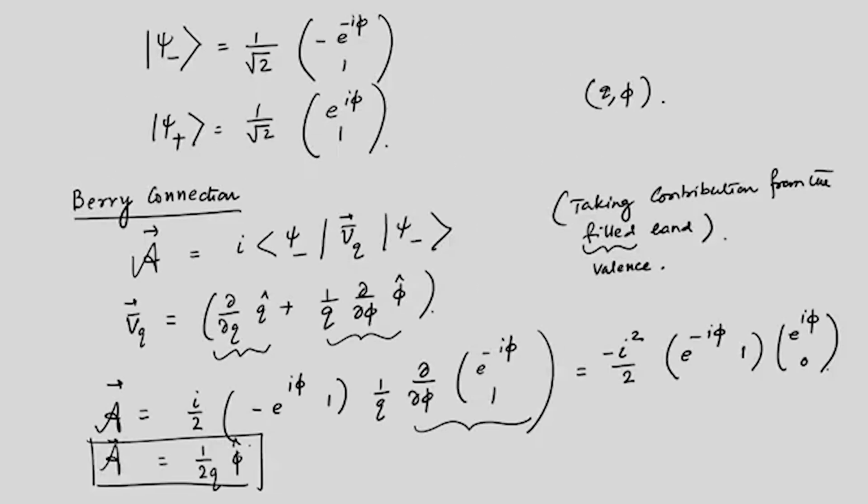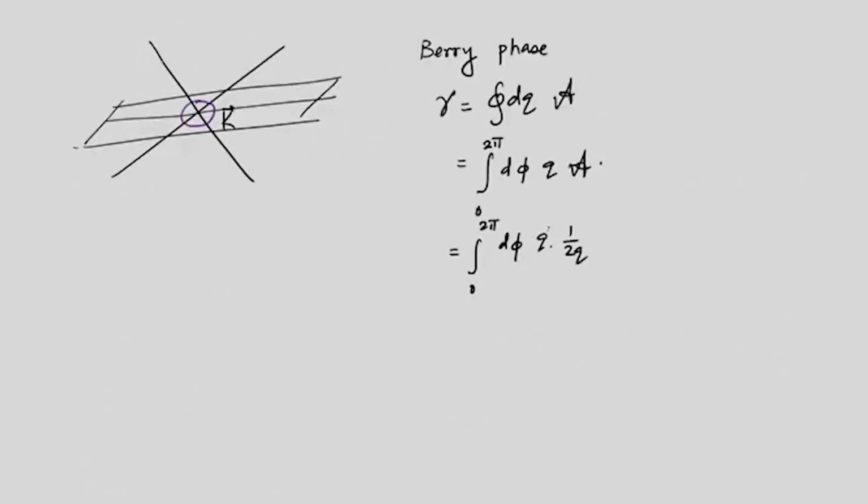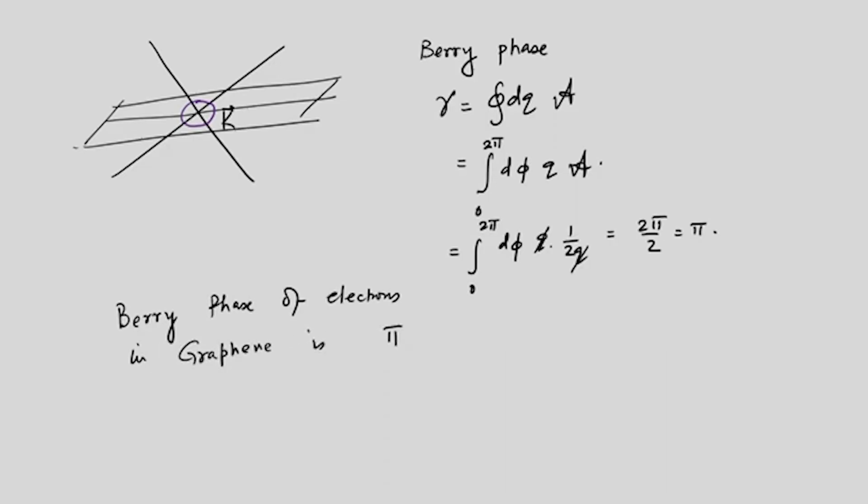So, this is 1 over 2q in the phi cap direction, and so this will sort of go away and you get a 2 pi over 2, this is equal to pi. Okay. So, the Berry phase of electrons in graphene is pi, but then if you would have done the same calculation at the K prime point, you would have got a minus pi.